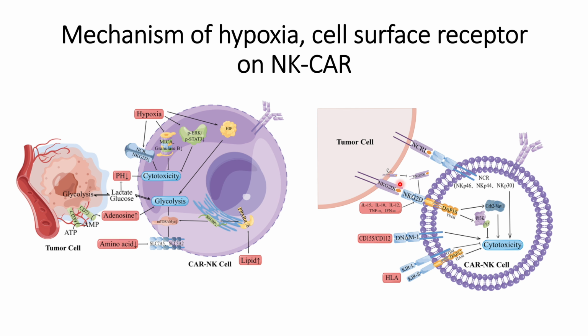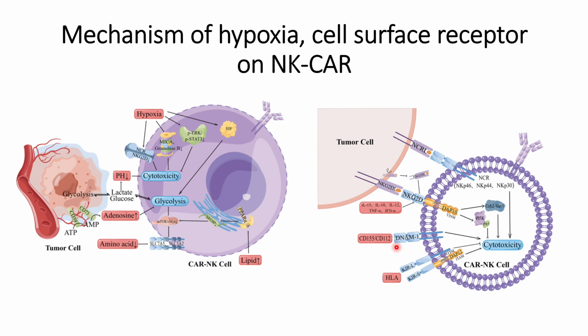Once they interact, it will cause the activation of DAP10, which leads to the upregulation of pathways such as PI3K, p85, GRB2, VAV1, and that leads to an increase in cytotoxicity.